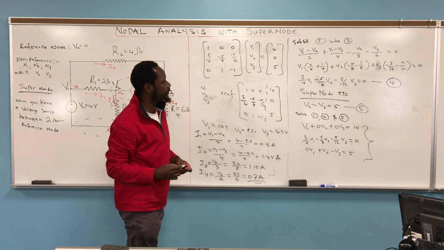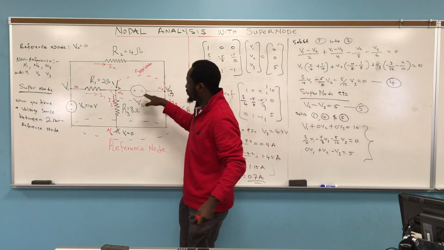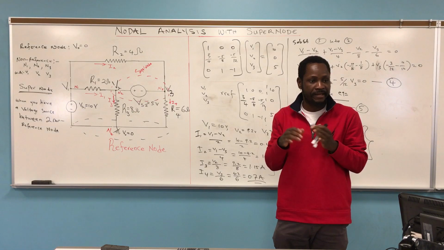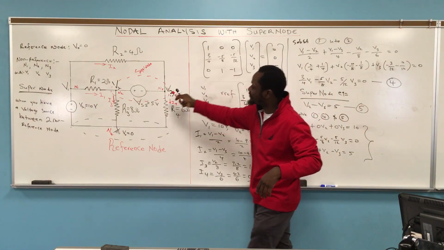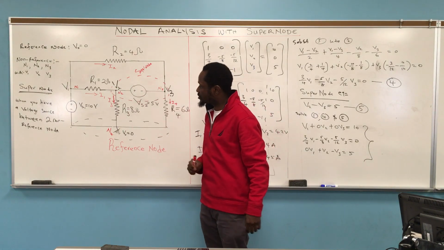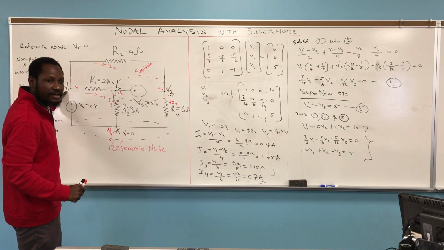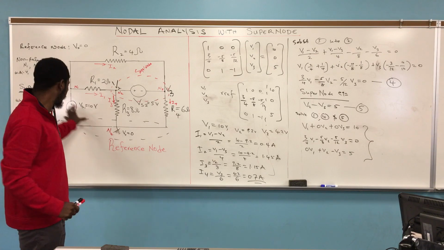And that's the end of the question. You see, even with a supernode, it's still easy to analyze. As a matter of fact, it makes it a little bit easier because you drop one node out and just have the difference in voltage equal to the voltage source. Also, V1 is directly equal to this because V1 minus 0 is this.